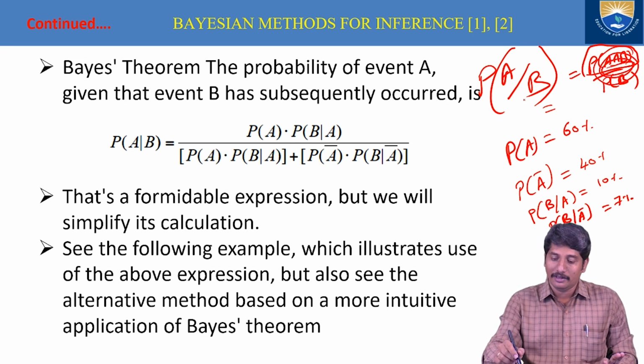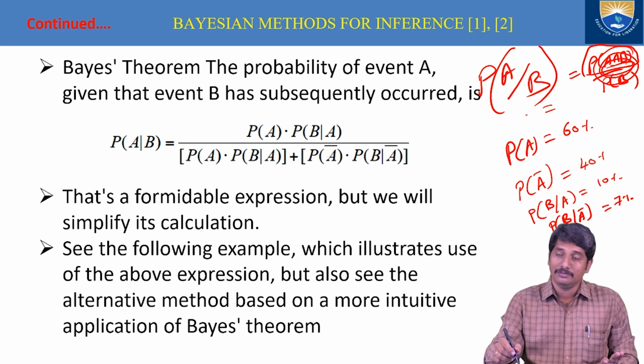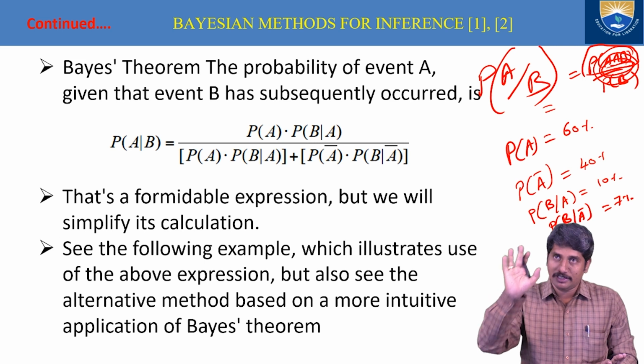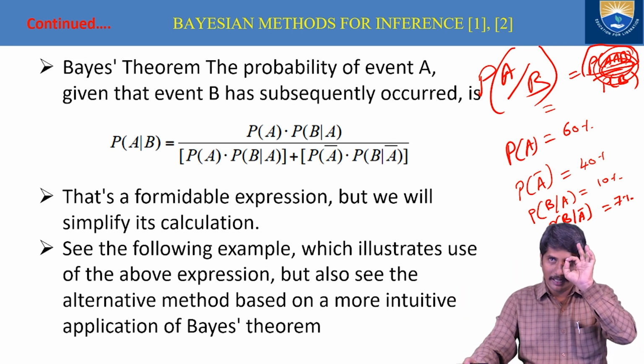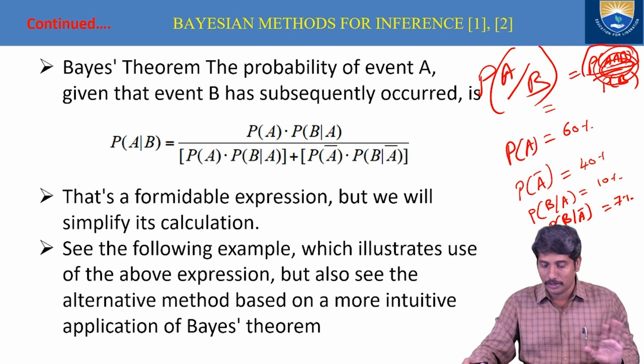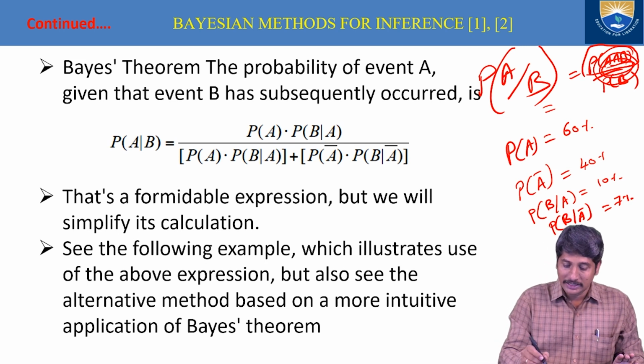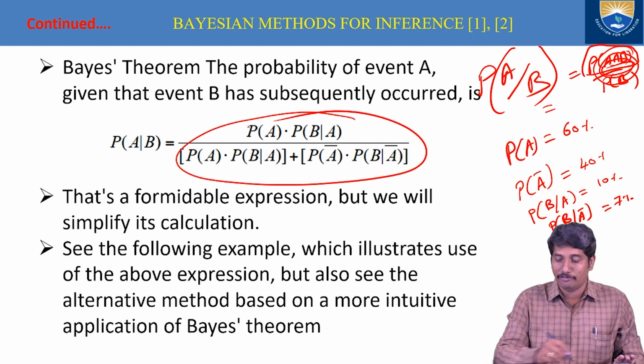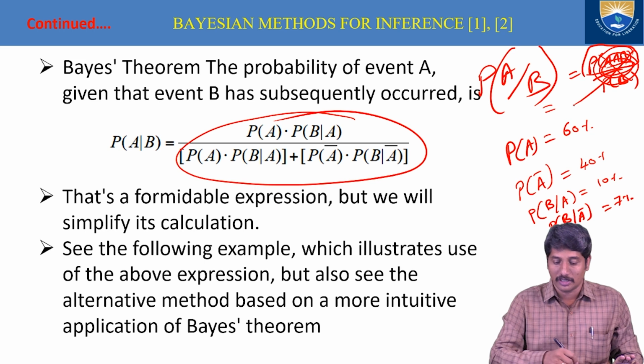So how do we find the probability that India will win, assuming that rain has definitely happened? For calculating this, Bayes proposed an alternative formula because this formula is not working.